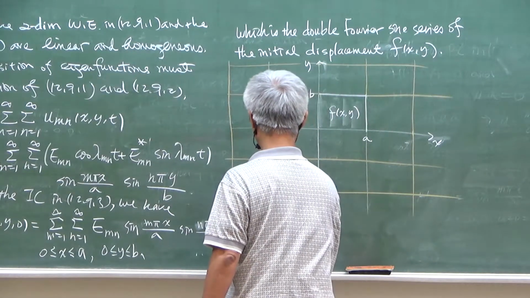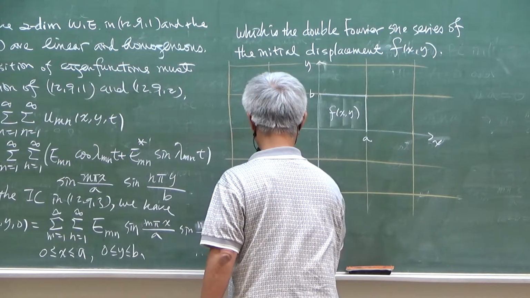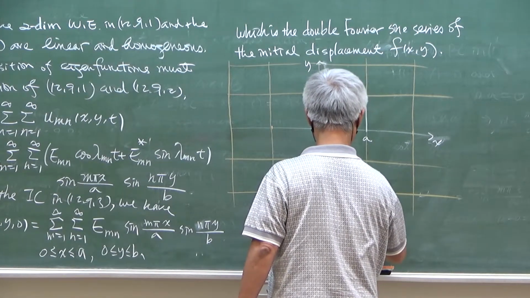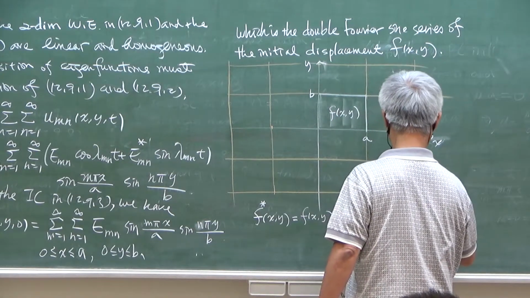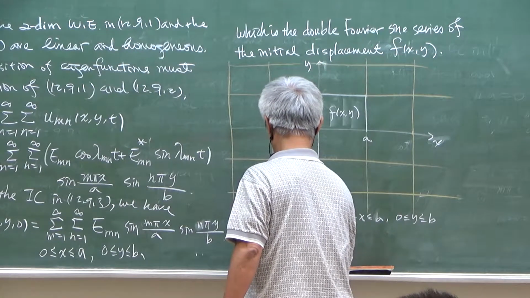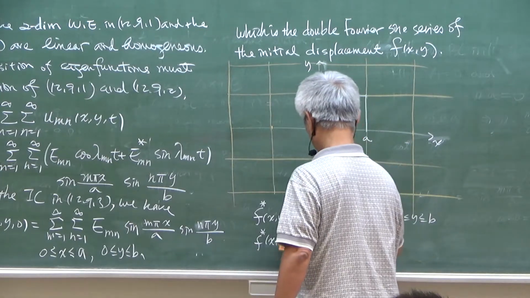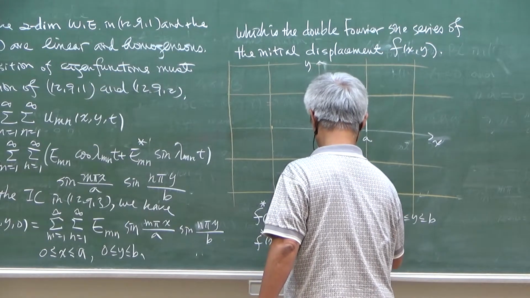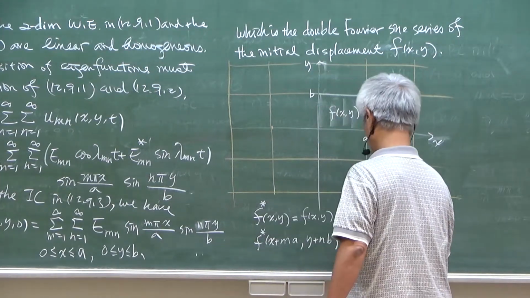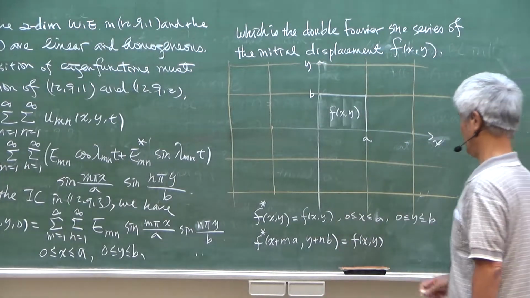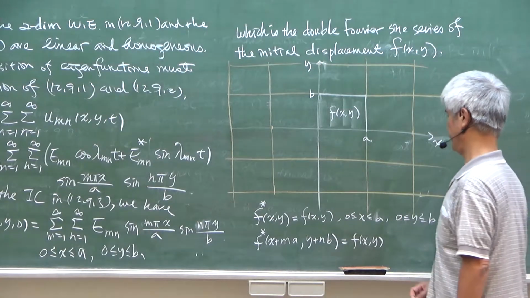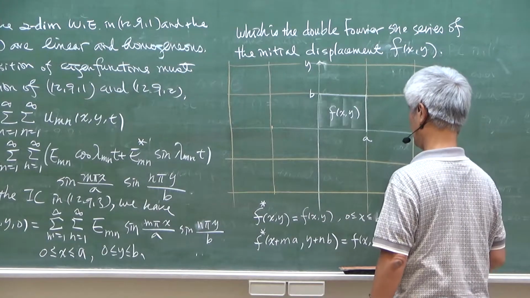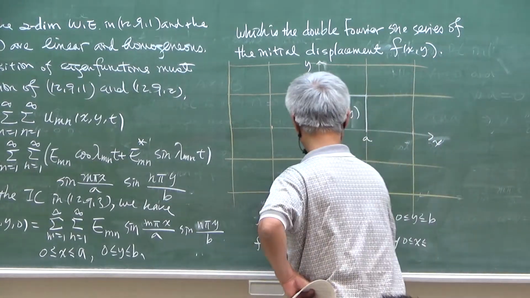So we will define the other function f star of x y, which is equal to f of x y for x y in the rectangle, and f star of x plus a. I think just only one would be enough.